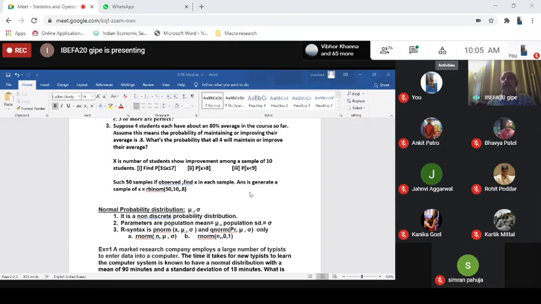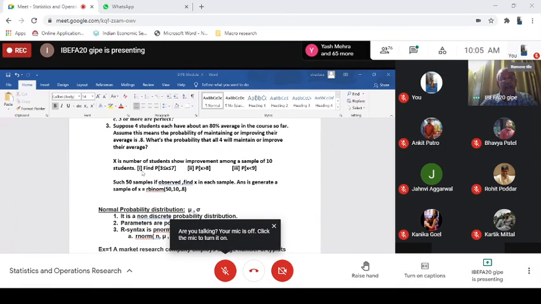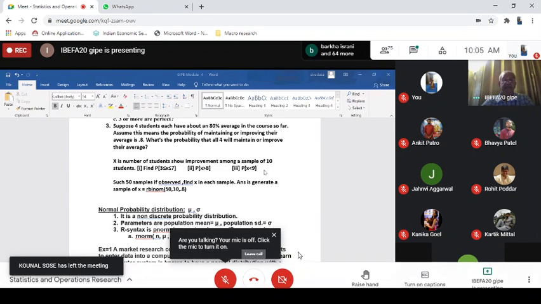This question I put in notation form. This is for 4. Suppose if I modify to 10 students, X is the number of students who show improvement among a sample of 10. Then I can find the probabilities this way.